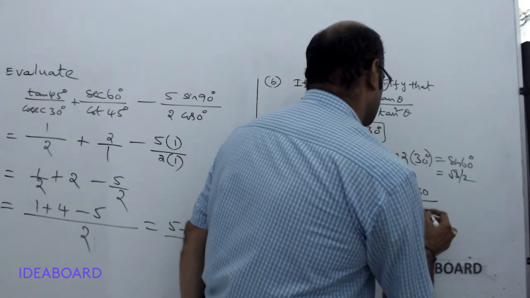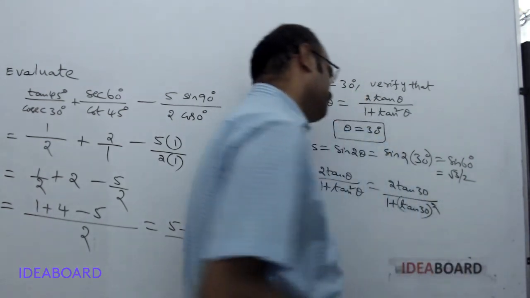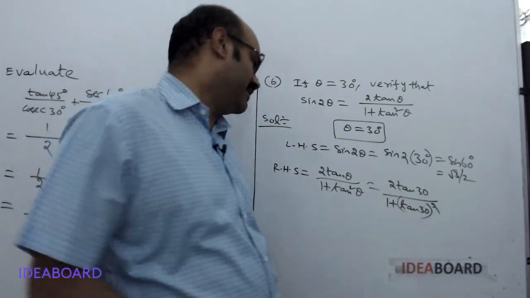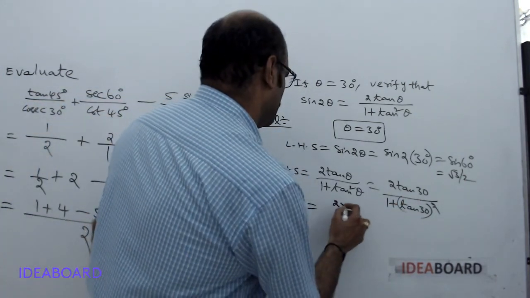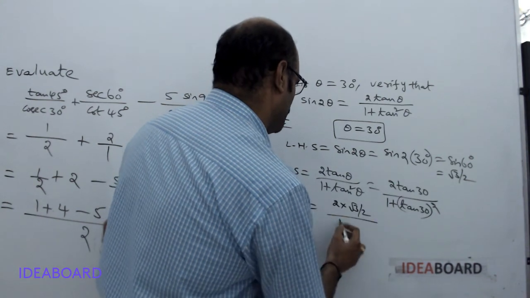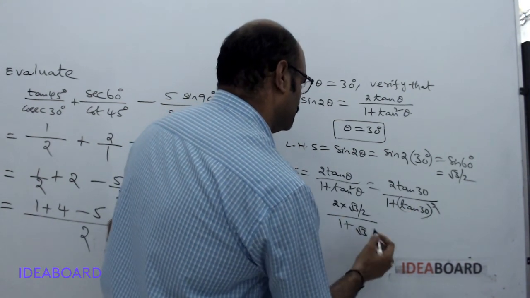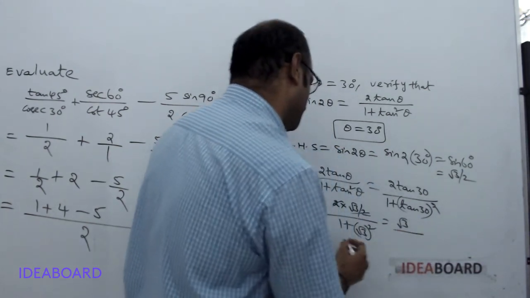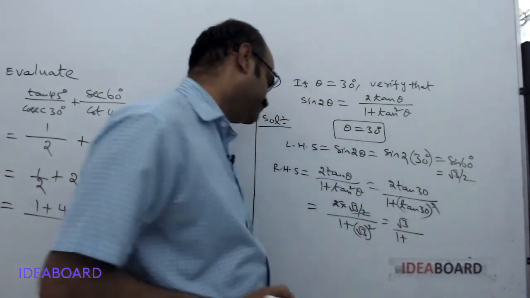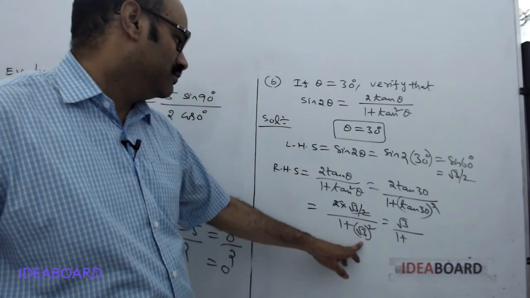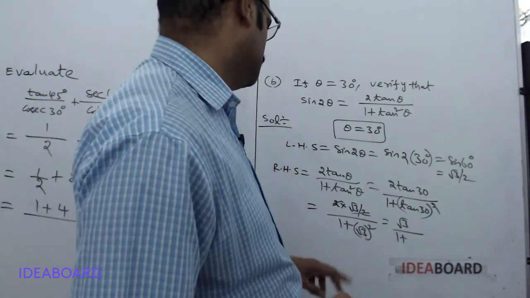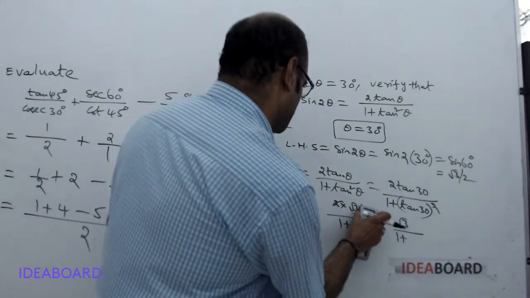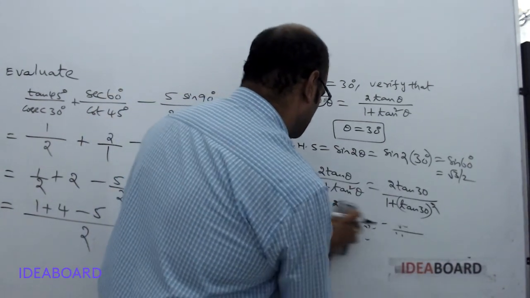So that it's equal to 2 into tan 30, whole by 1 plus tan 30 whole square, where tan 30 is 1 by root 3.